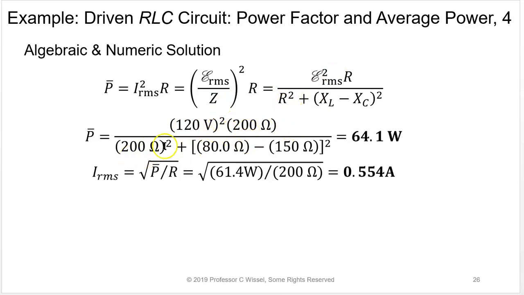We're going to square that. And we have an XL of 80 and an XC of 150. We're going to square the difference between these two. When you do that, you wind up with 64.1 watts. IRMS is just the square root of P over R, or the square root of 64.1 watts divided by 200 ohms, or 0.554 amps. So 64 watts at 554 milliamps.